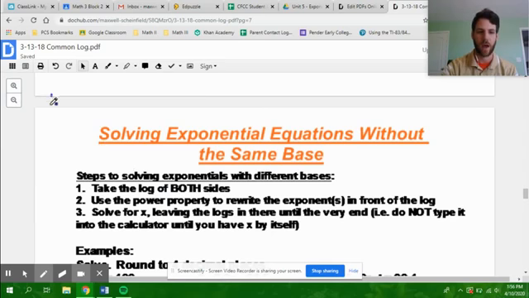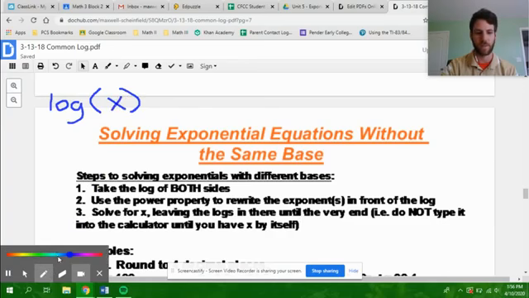Remember that common logarithms are just log of an input of some kind, but the base of those logarithms is going to be a default of 10. So that's a very important point to keep in mind.